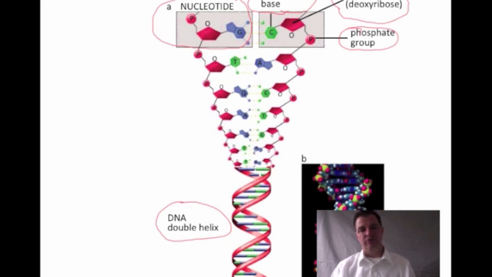The environment can influence that, but your genetic structure is the instructions on how you can build proteins to, say, change your eye color, for example. And we'll talk about that later on. And I think that is a good start for macromolecules for now.